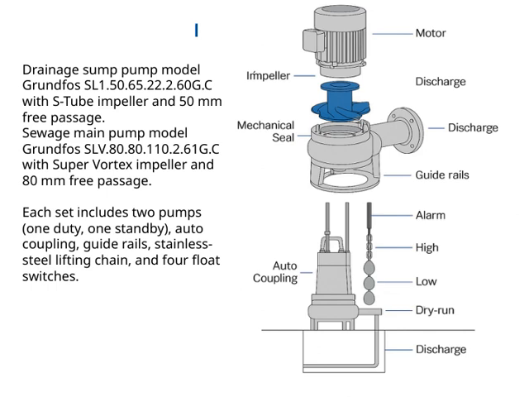Finally, each set is equipped with 4 float switches. These switches are vital for automatic operation, controlling pump activation based on fluid levels and helping to prevent overflows or dry running. Overall, these carefully selected pumps and accessories are designed to ensure robust, reliable operation aligned with the overall system's efficiency and safety standards.